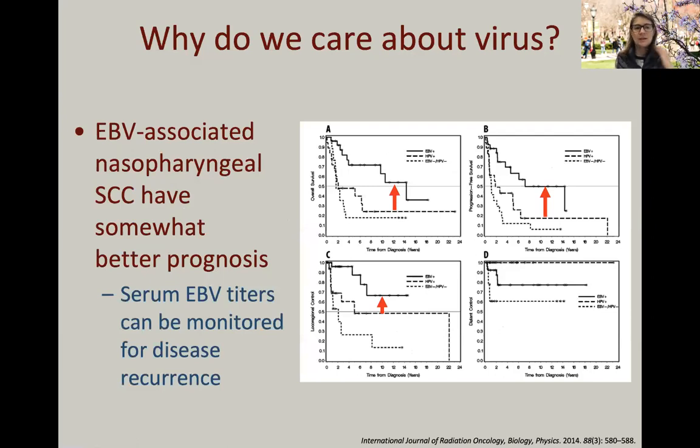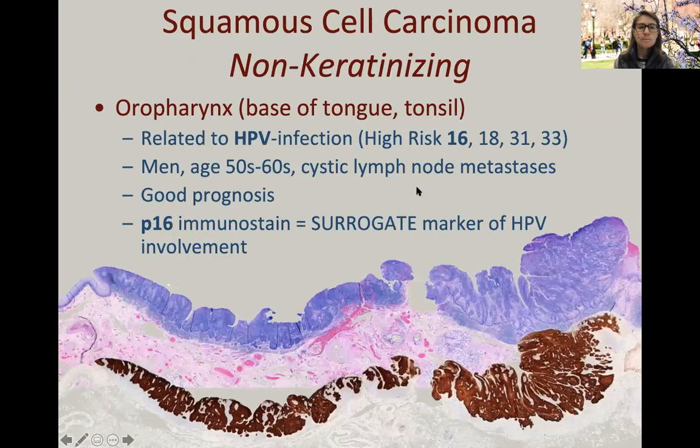Similarly with EBV in the nasopharynx, these are thought to have a somewhat better prognosis than the non-EBV-related, but as far as I know, there's no de-intensified therapy for these patients. What we can do, though, is monitor the serum EBV titers for residual disease, recurrence, et cetera.